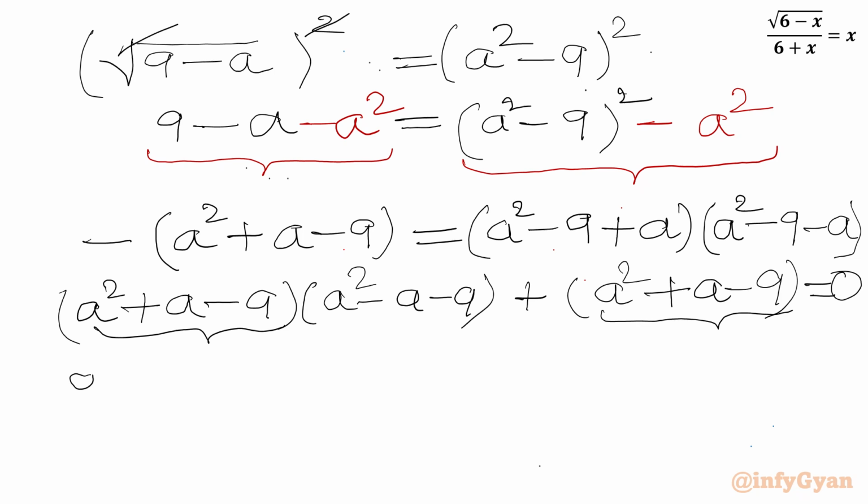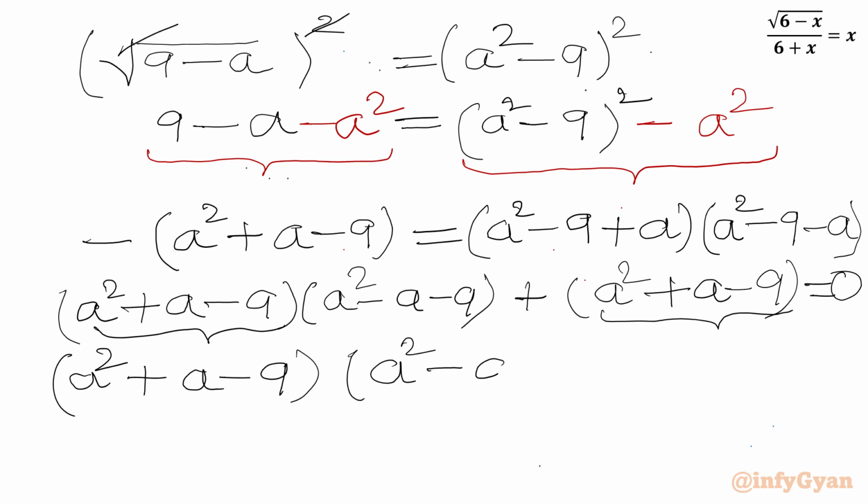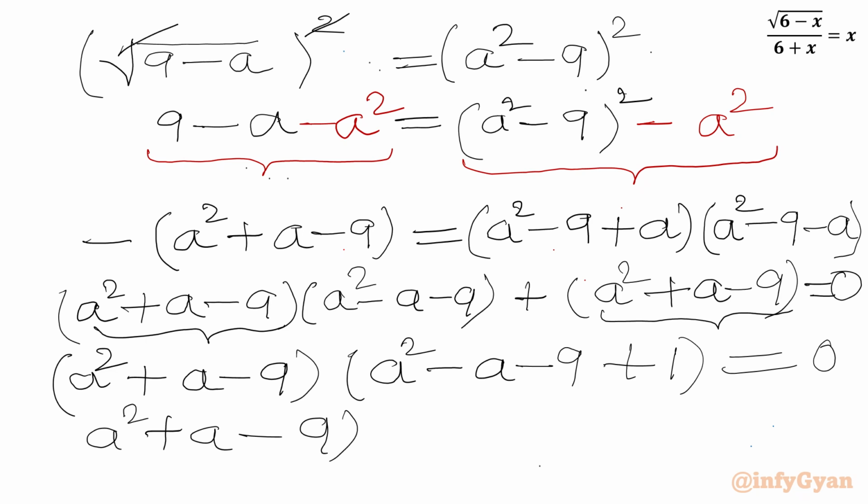So we will take a square plus a minus 9 common out. So in other bracket I will get a square minus a minus 9 plus 1 equal to 0. Or we can write a square plus a minus 9 times a square minus a minus 8 equal to 0.